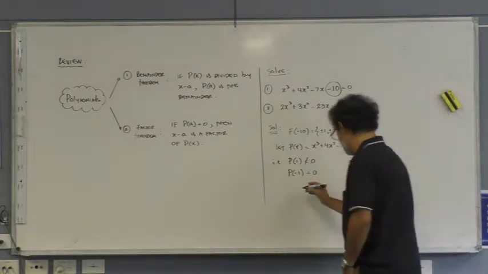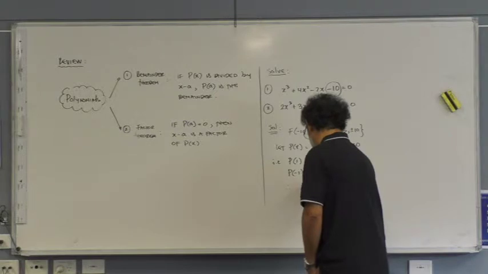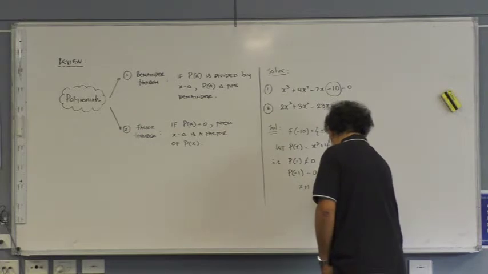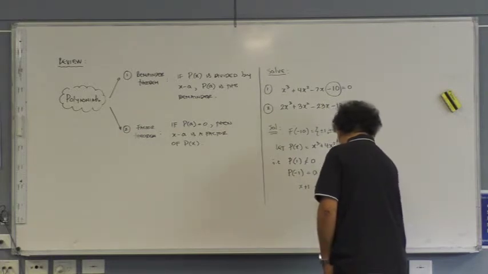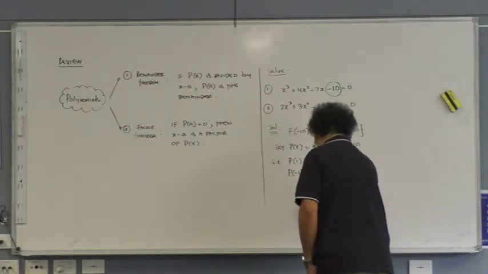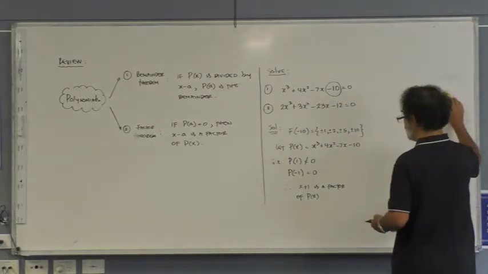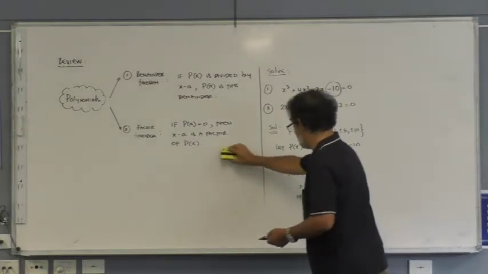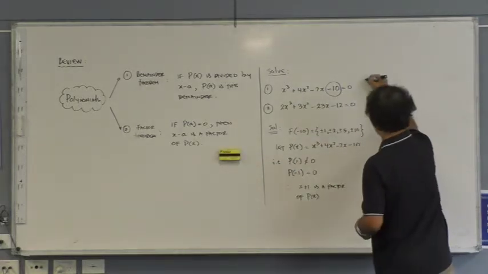So we're going to say therefore x plus 1, sorry, is a factor of p of x. And then we're going to do what we did previously.